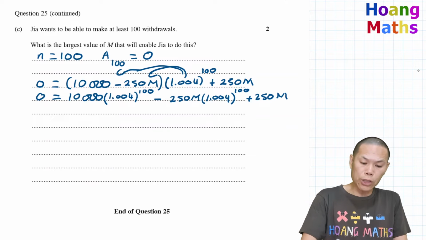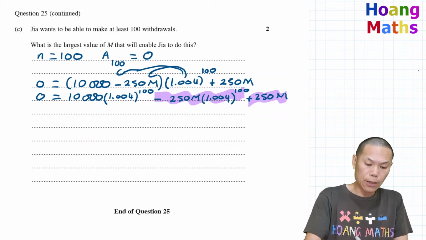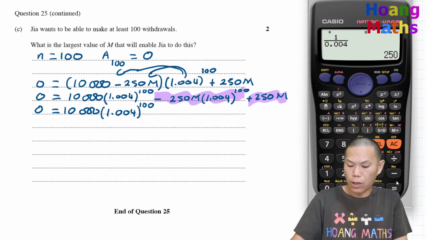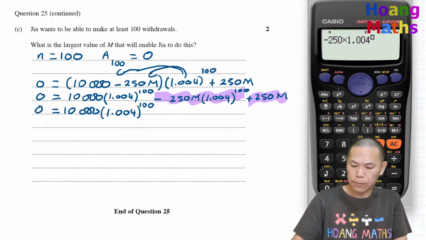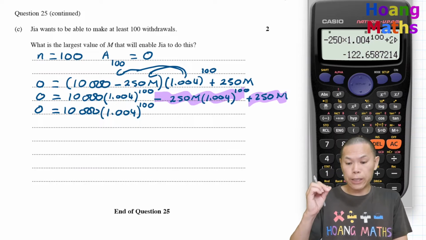Now I just collect like terms. We have this one here, we add it with this. So that will give me 0 equals 10,000 times 1.004 to the power of 100, and then negative 250 times 1.004 to the power of 100, and then we plus 250.